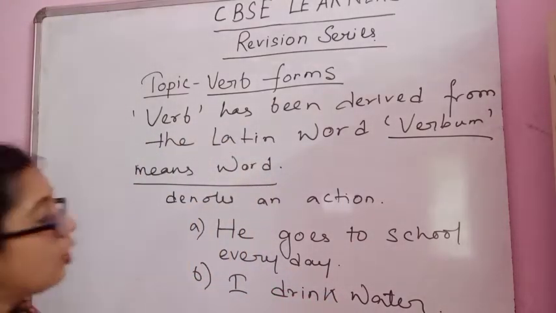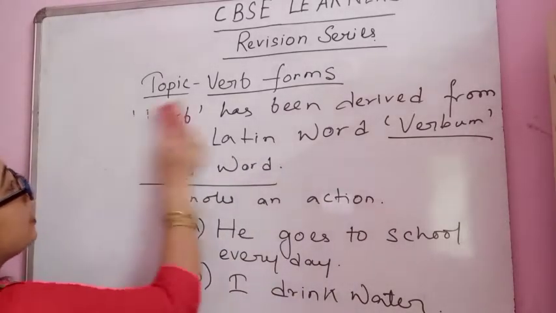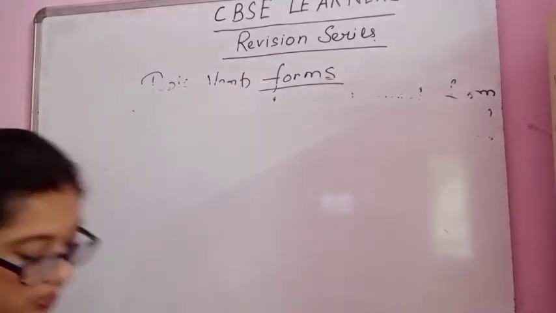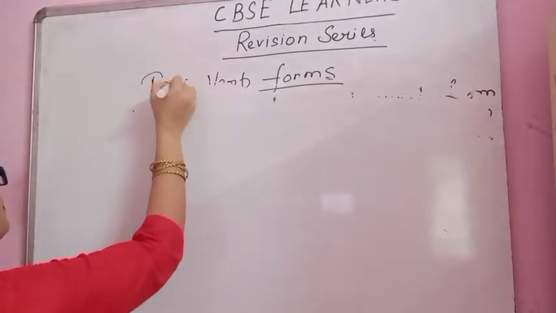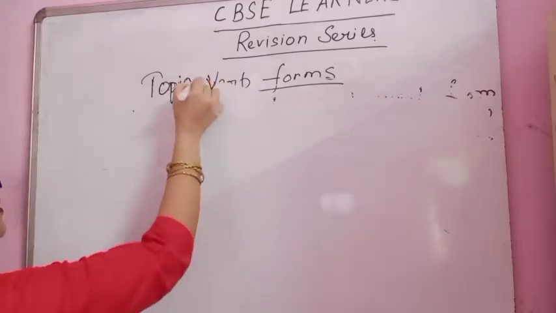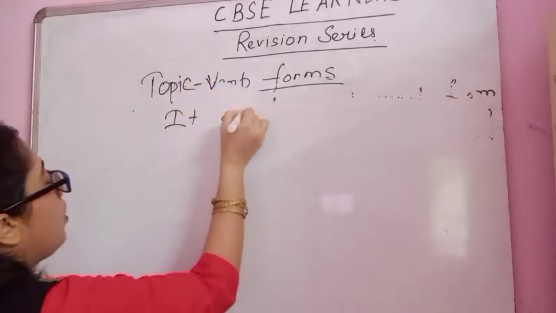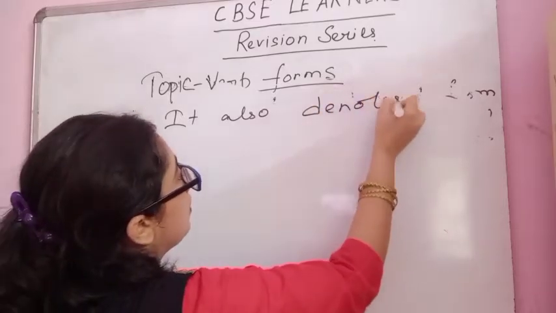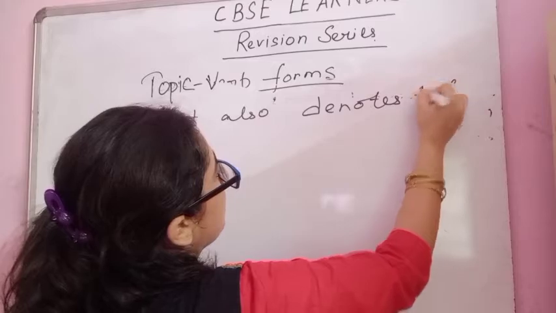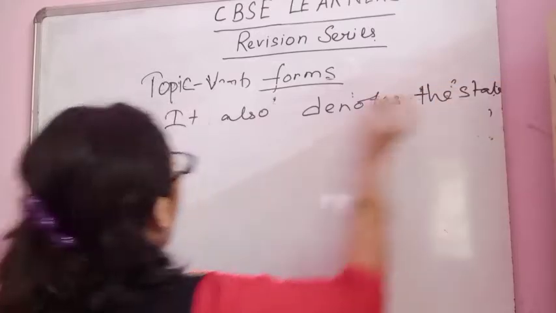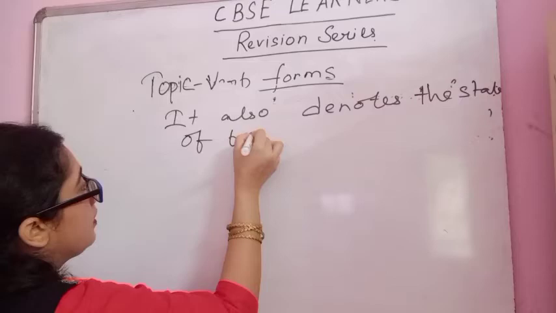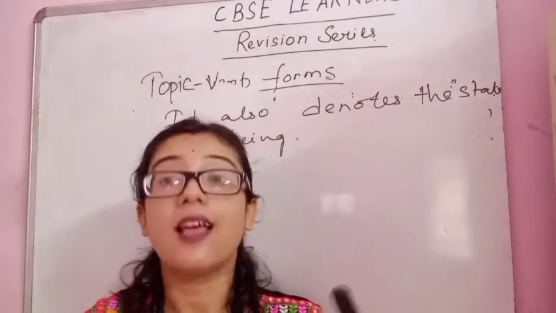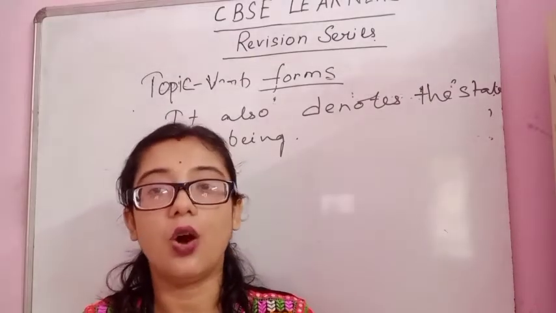Now once again we can say that the word verb also denotes the state of being. When we use the be words, is, am, are, was, these are all be words.